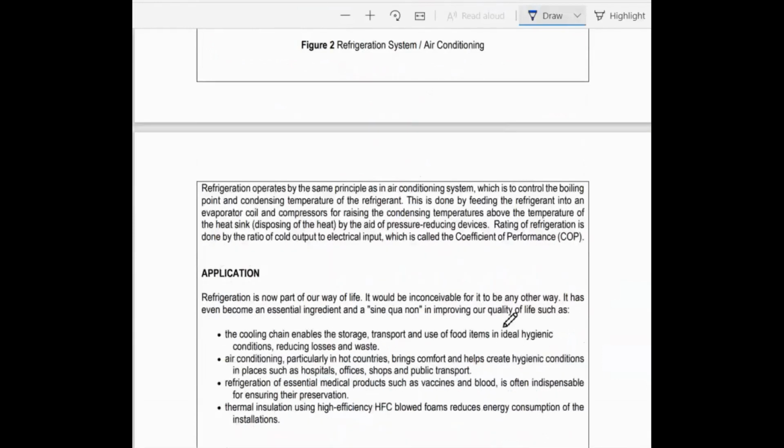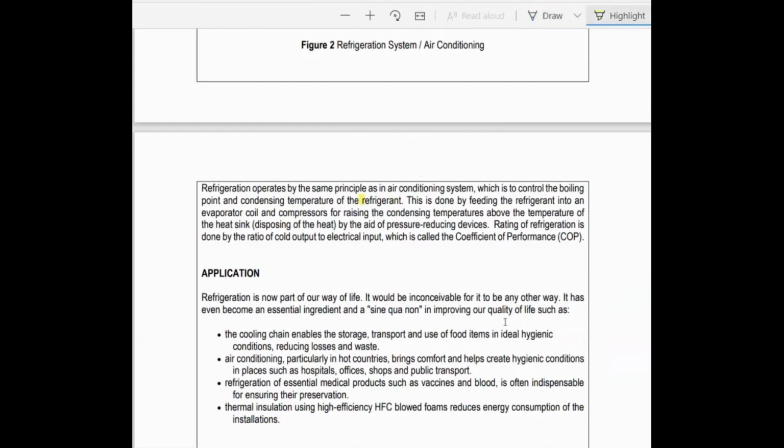Refrigeration operates with the same principle as an air conditioning system, where it controls the boiling point and the condensing temperature of the refrigerant. Here you need to take note: the medium to transfer heat is refrigerant, not water.